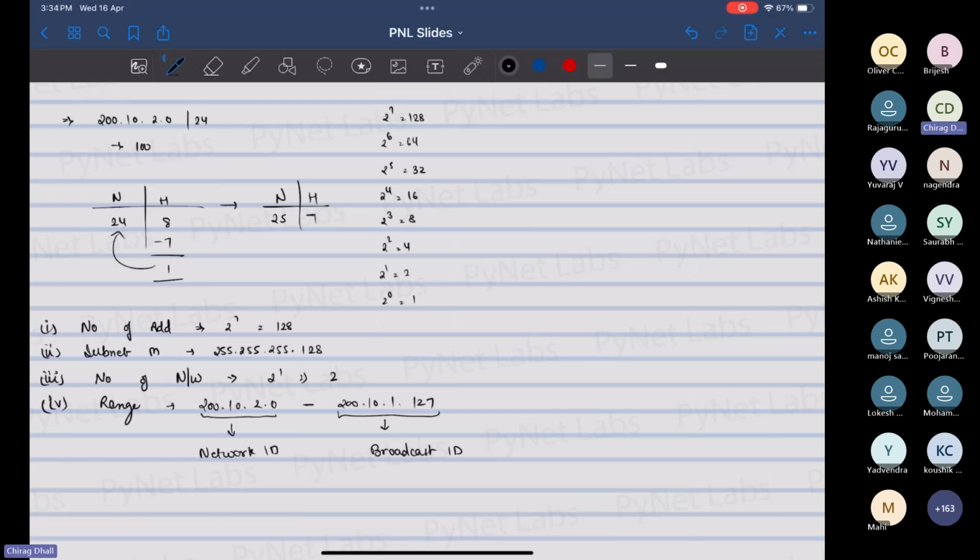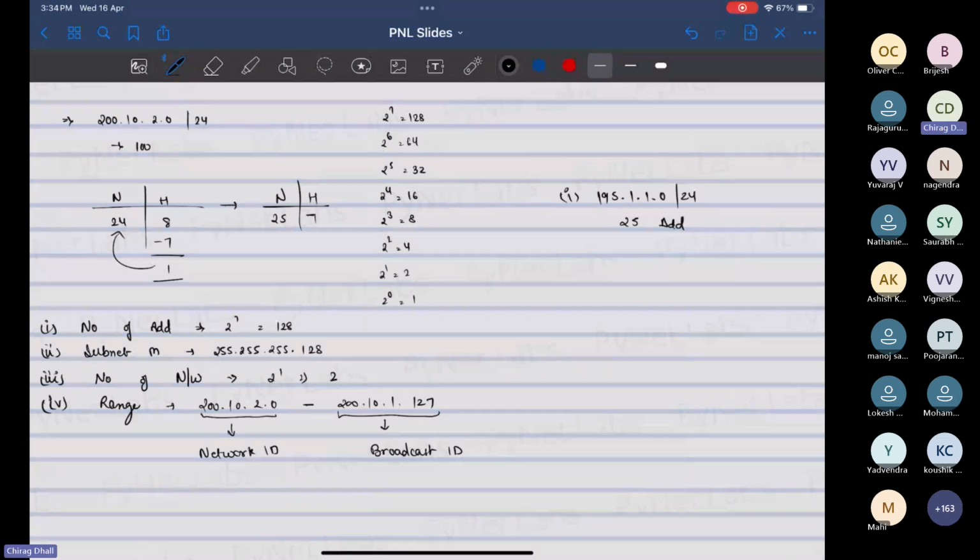Perfect. Okay, now I'll give you one question to try. These notes are open for you. You can refer to them and try to solve this question. You are provided with a class C network as 195.1.1.0/24 and your requirement is 25 addresses.